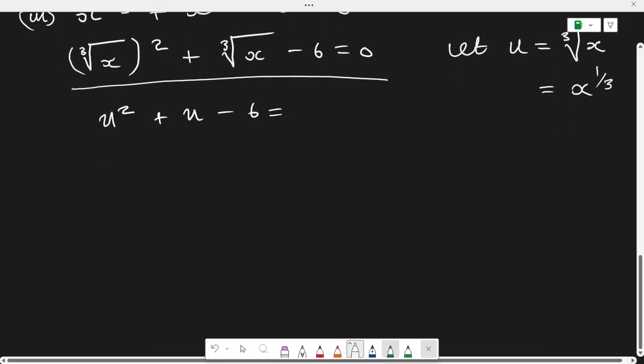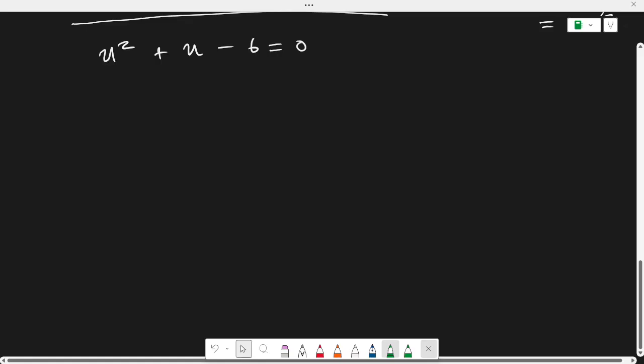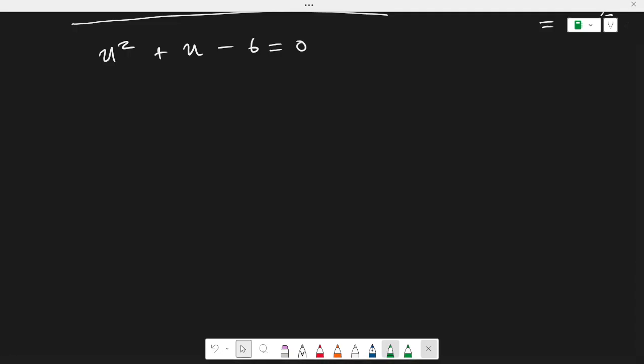So once you have that, what you need to do is to solve this quadratic equation, and when you solve it, we find that we're going to end up with u equal to 3, or u equal to 2.